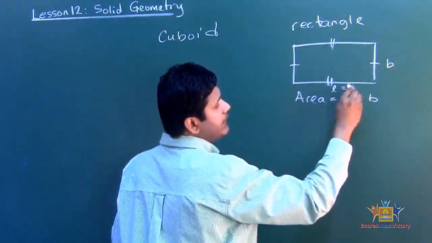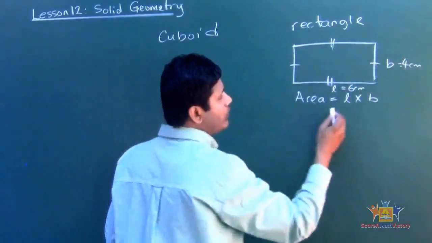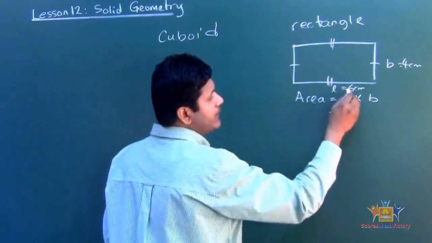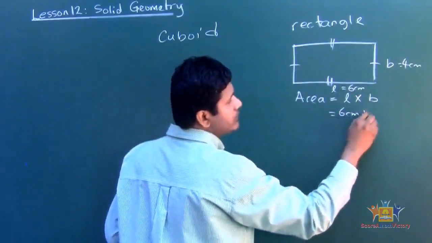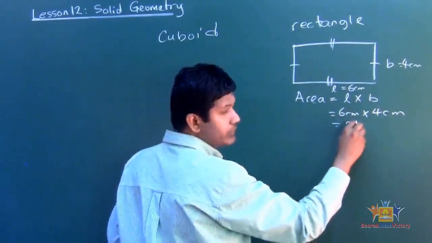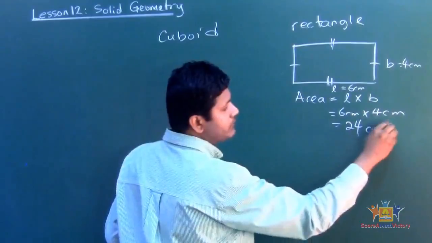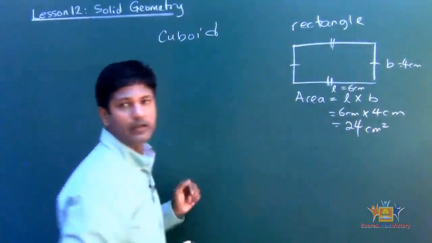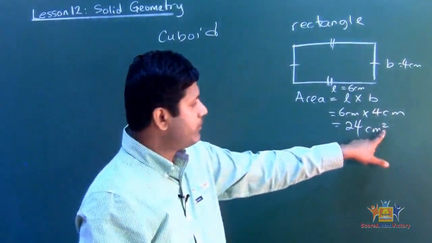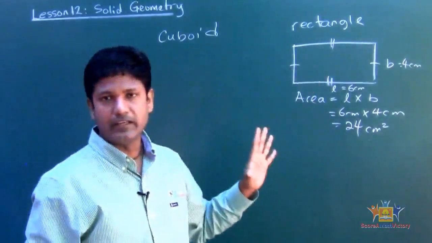Let's say the length is 6 centimeters and the breadth is 4 centimeters. So what would be the area? The area will be the length, 6 centimeters, times 4 centimeters. 6 times 4 is 24. Centimeter times centimeter is centimeter squared. You got 2 centimeters, so you put a small 2 above the m, like that. Very important. That's 24 centimeters squared.